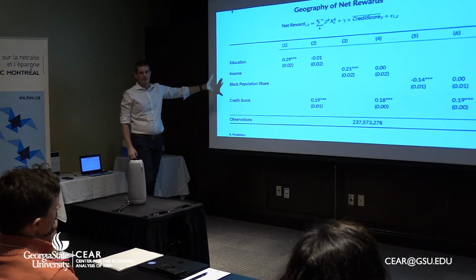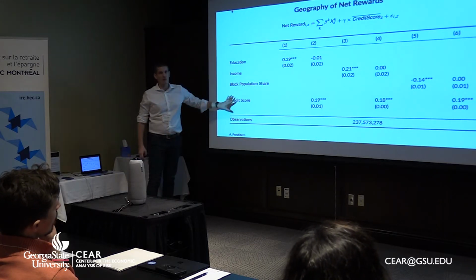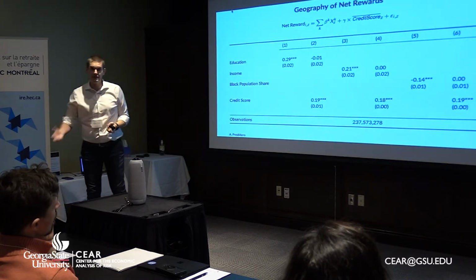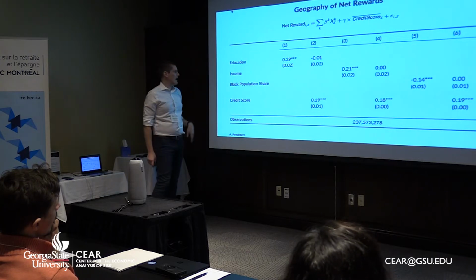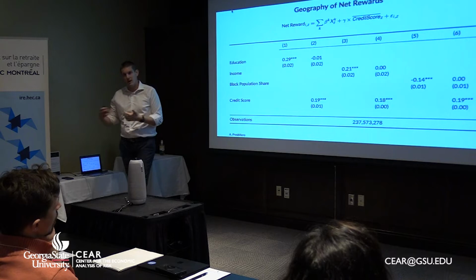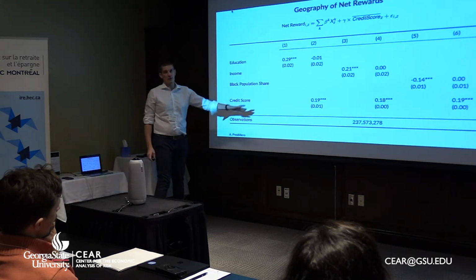You can find different proxies for the same stuff. And if you don't control for the credit score, so if you don't control for financial sophistication, you have evidence that there is distribution from less to more educated, from lower to higher income areas, and from areas with a high share of black population to areas with a low share of black population. The moment you control for credit score, all this correlation goes away.